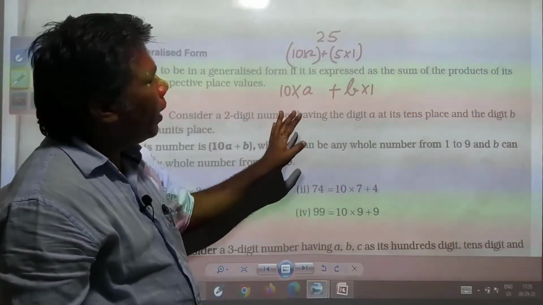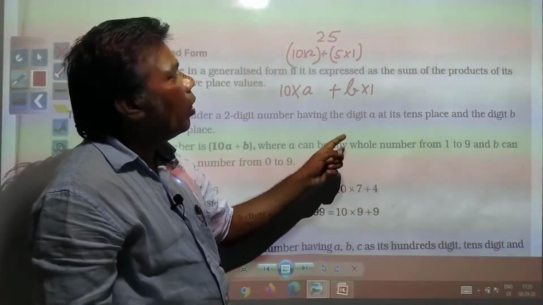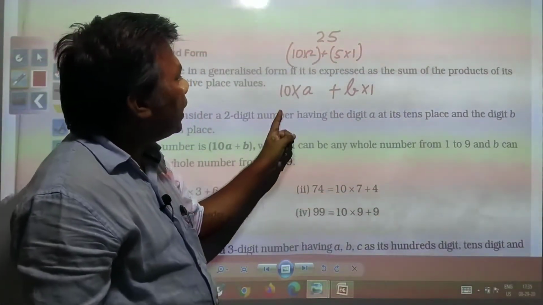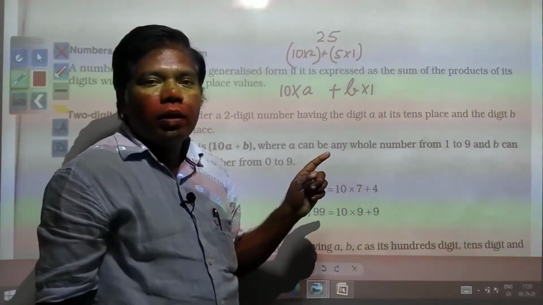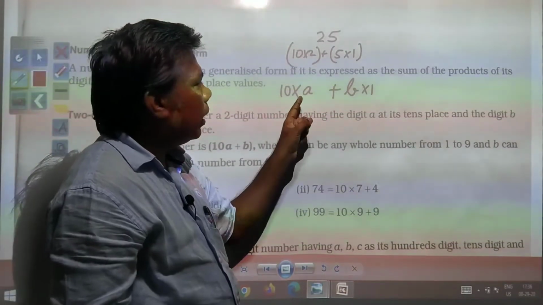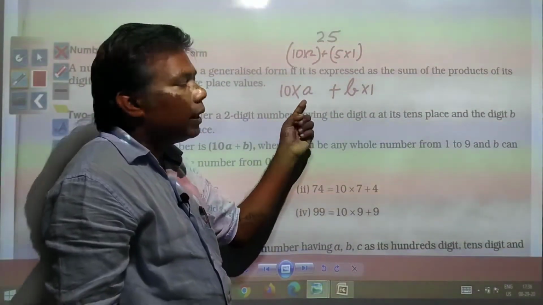So if in the unit digit you have B and in the tens digit you have A, then how will we write? B into 1 and 10 into A, because this A is in the tens place.